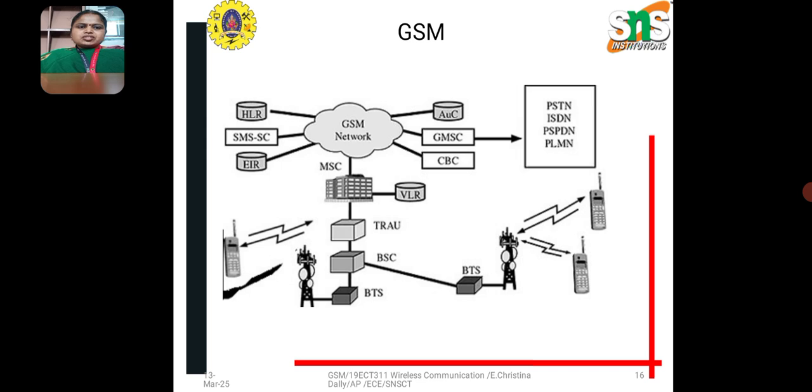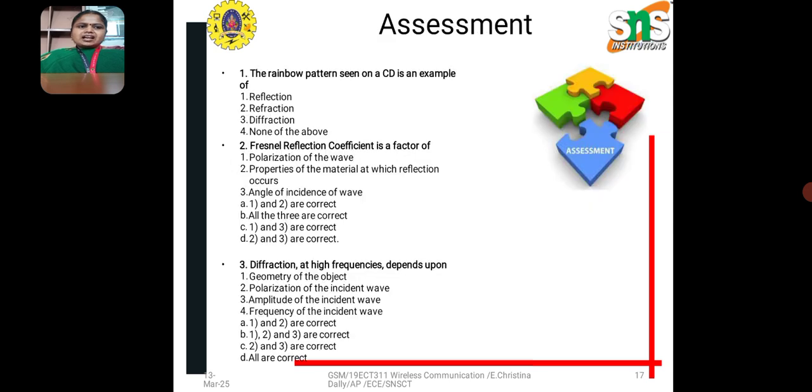From the mobile switching center, the GSM network is connected to the VLR, HLR, as well as the PSTN and ISDN.